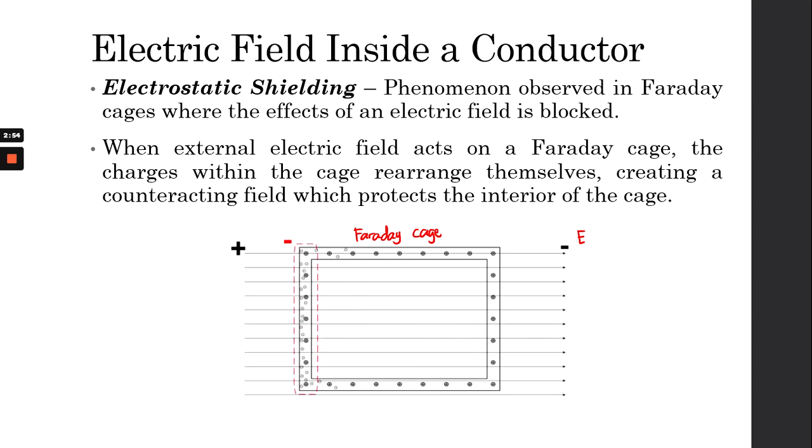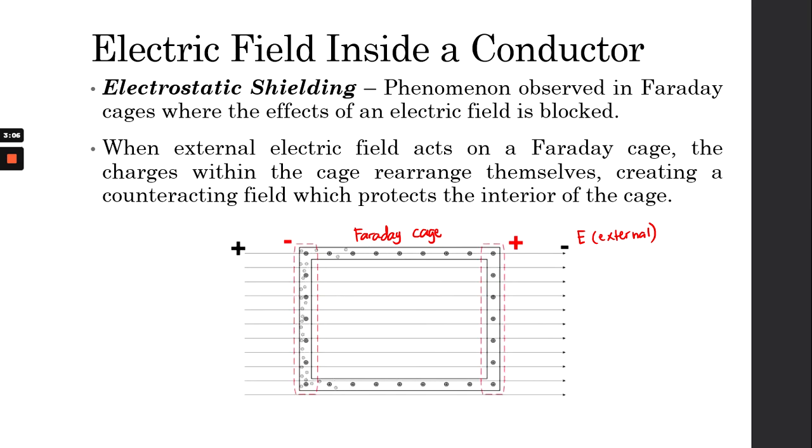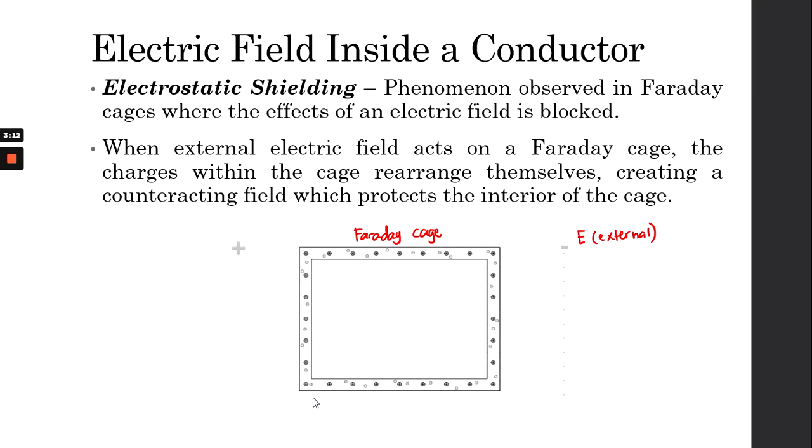What happens is this: when this electric field, which is external in source, so it's coming from the outside of the cage, acts onto a Faraday cage, the charges inside the cage start to rearrange.